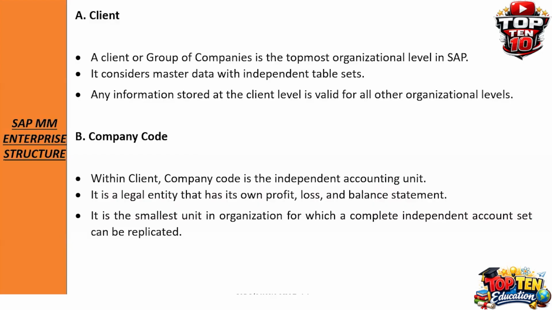If there is one client, client ABC, and it is a group of three companies, company A, company B, and company C, it will have the master data, the principal or main data relating to the business of the client, in the independent table set. It means data of one company will be separate from the data of the other company. Data of company B will be separate from the other company. So that is the meaning of having an independent table set.